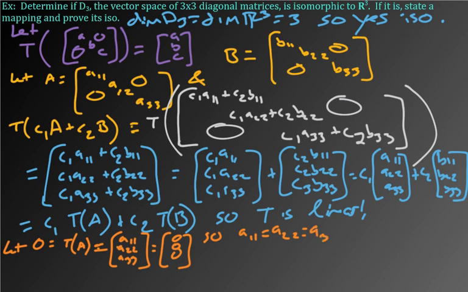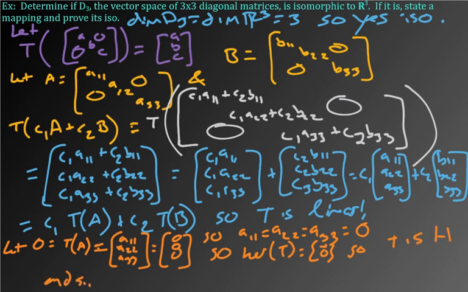There's nothing special about the A1. But all those basically have to equal 0. The kernel of this transformation is just the trivial 0 vector. So T is 1 to 1.